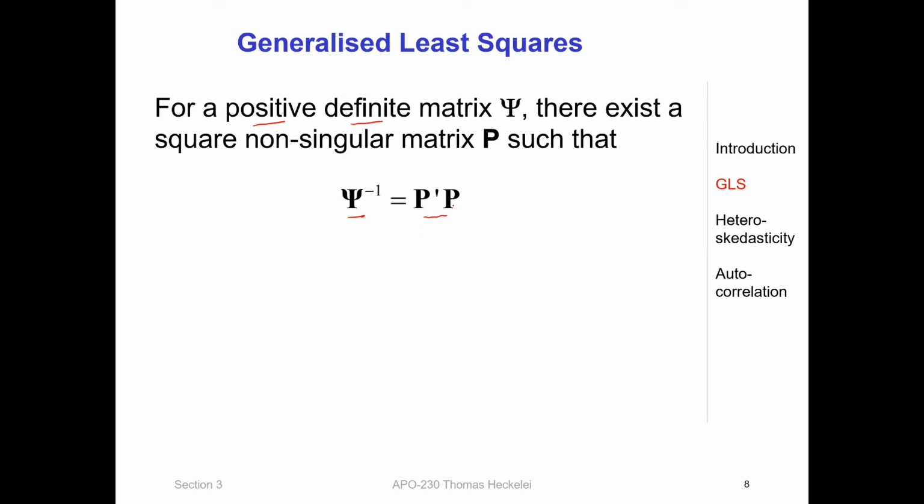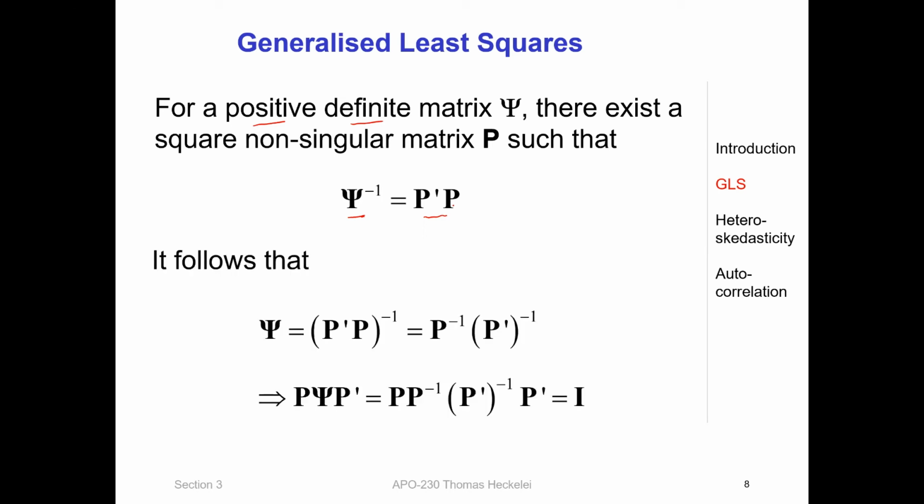Okay. Let's go further. Therefore, we would have the matrix psi itself is the inverse of the product of these two matrices. So the inverse of the inner product of P. But based on the rule of matrix inversion, I think it's on slide 27 of sections 1 and 2, you can take the inverse of each matrix separately.